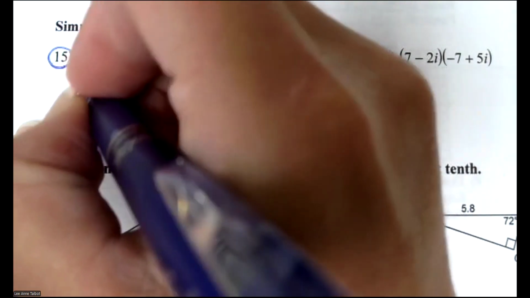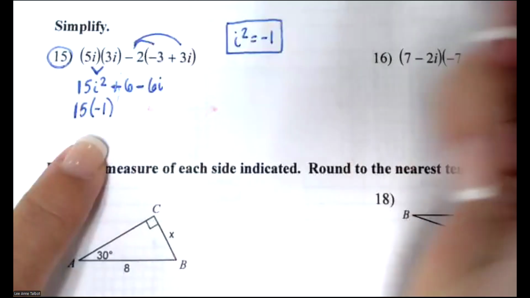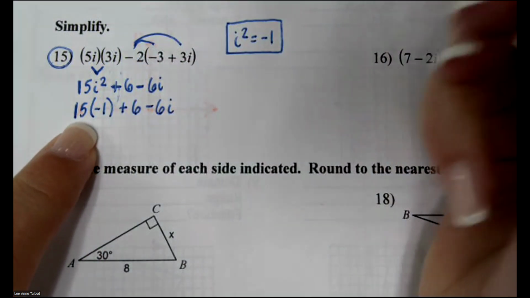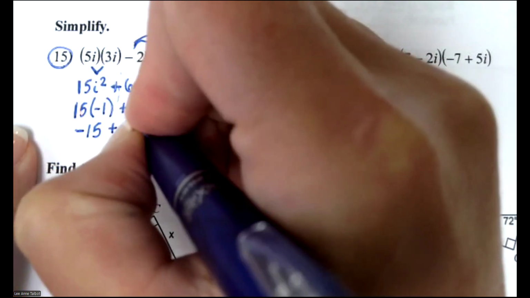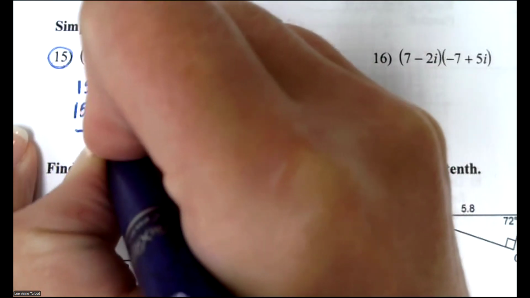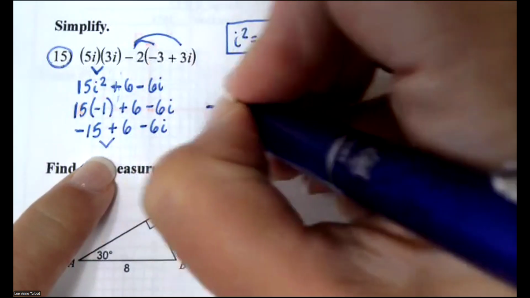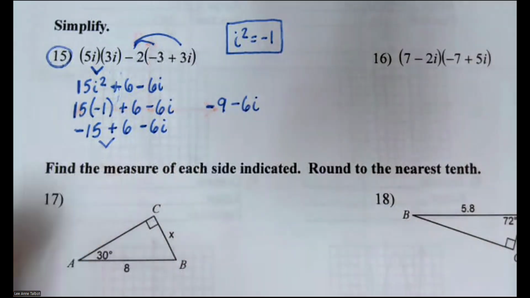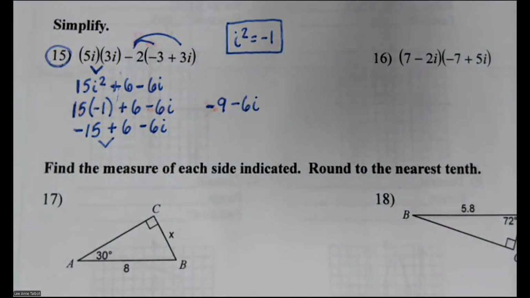So you're going to take the i squared and change it to -1. And then this becomes -15. And then you combine those together, and that's -9 minus 6i. That's it.